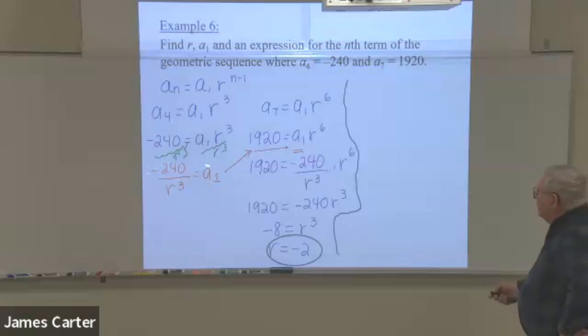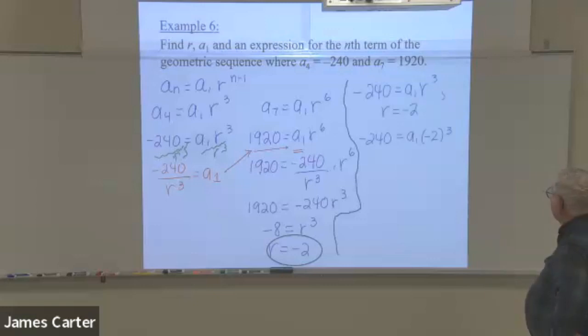Well, we're going to go back to this and substitute -2. And when we substitute -2 in there, which becomes 8, then just divide both sides by -8, and we get the first term is 30.